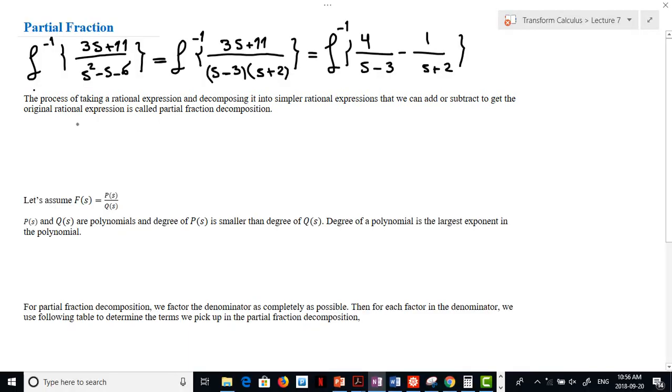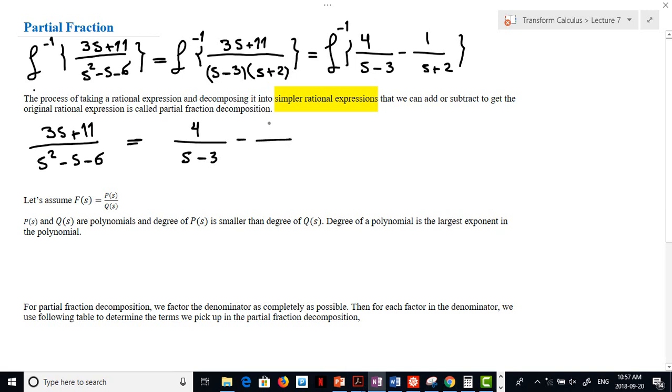For our example, the rational expression that we had was (3s + 11) divided by (s squared minus s minus 6), and we decomposed it into simpler rational expressions: 4 over (s minus 3) and 1 over (s plus 2).